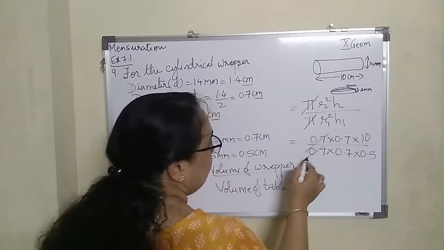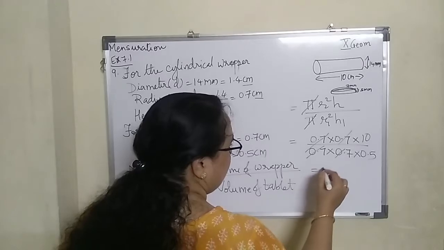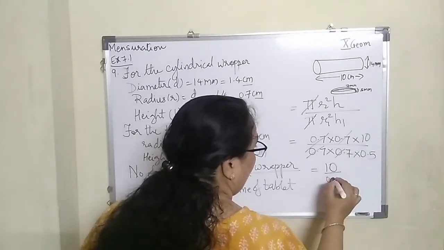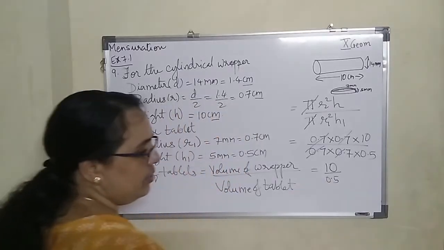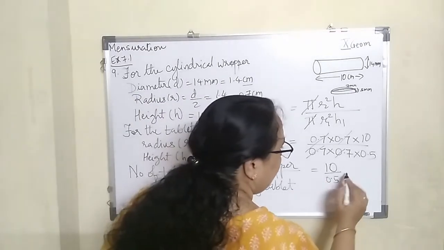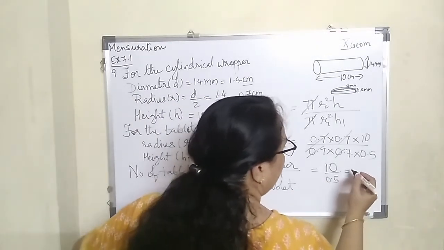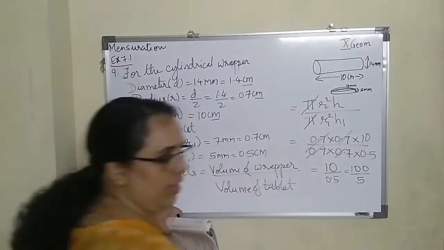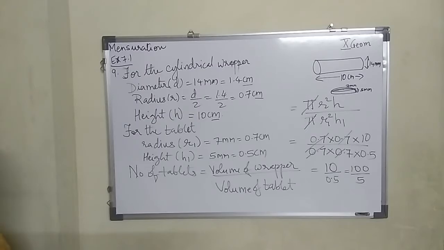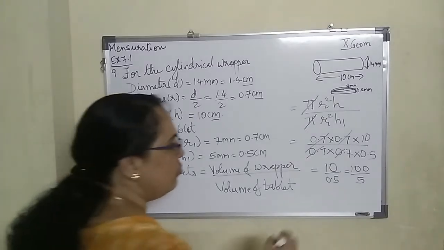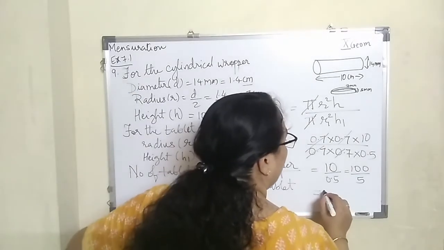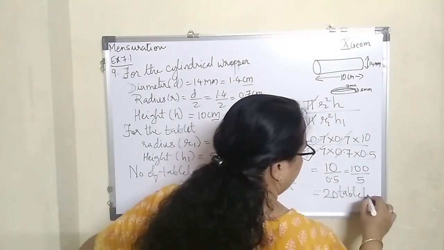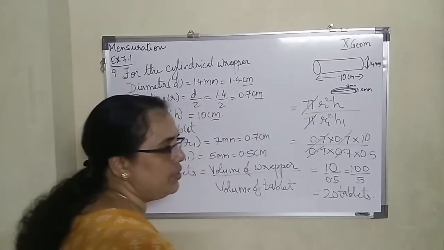So you find these things getting cancelled. You get 10 upon 0.5. If I remove this decimal by one place, 10 will become 100 upon 5. So what is 100 upon 5? That is equal to 20 tablets.